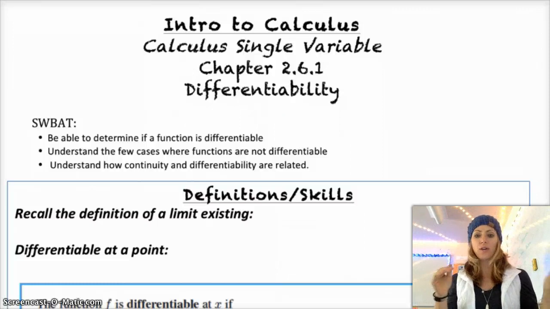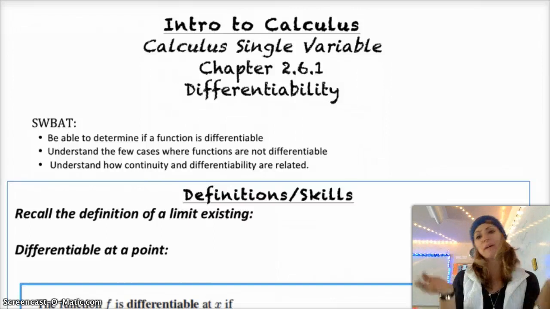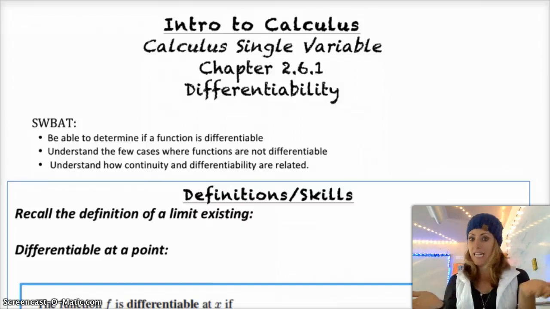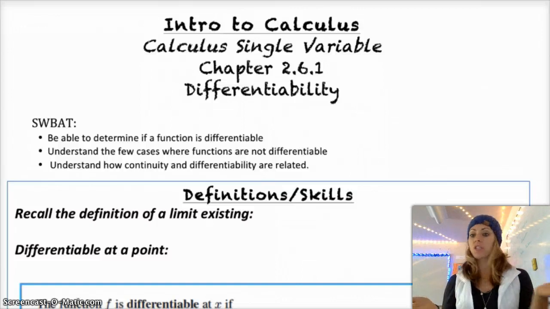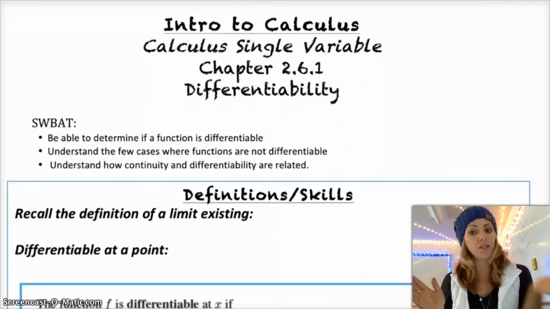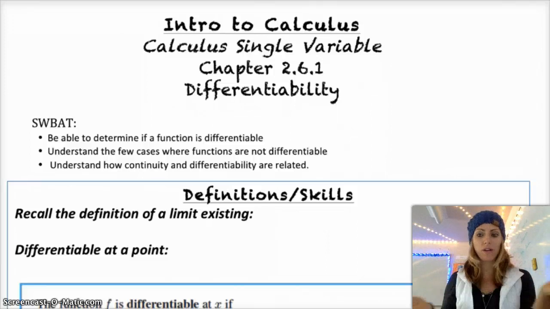Today we are doing the last section of Chapter 2, and the topic of the day is differentiability. That basically begs the question, what types of functions are we allowed to take derivatives of?